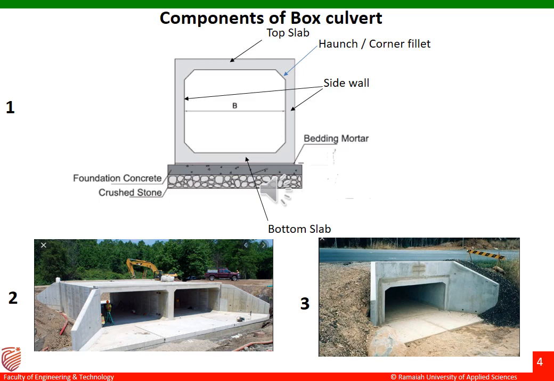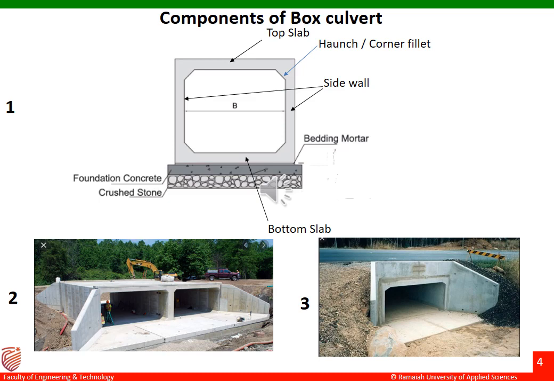The reason is you may have some cases where the magnitude of discharge is very small. In such cases, if you provide a bigger size culvert, then that becomes uneconomical.